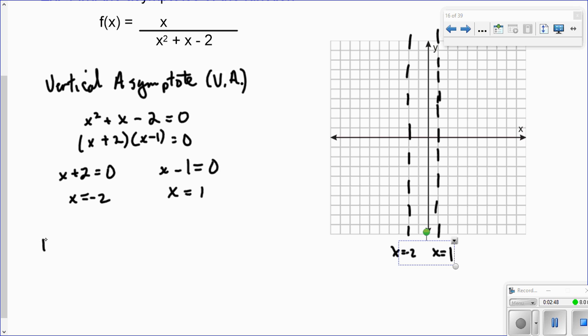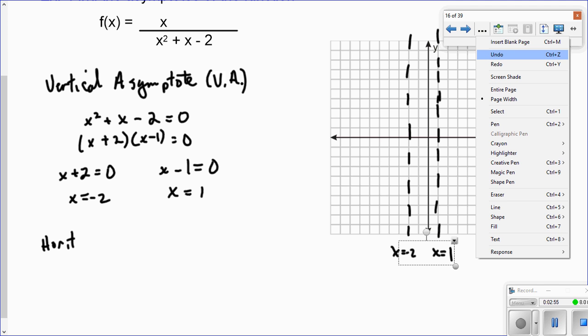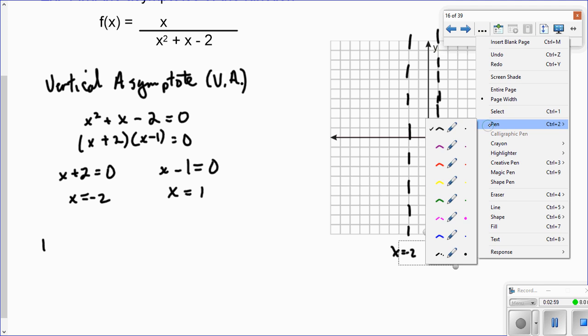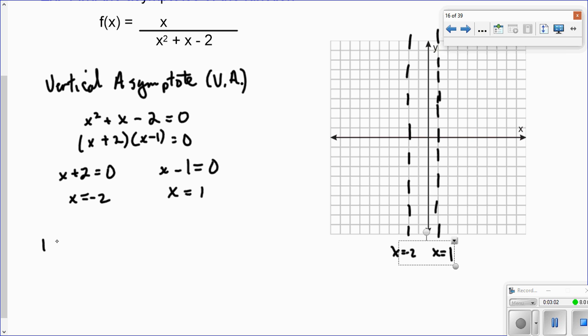Now, horizontal asymptotes are a little different. A horizontal asymptote, by its definition, is what's happening at the endpoints. So think of horizontal as the horizon.